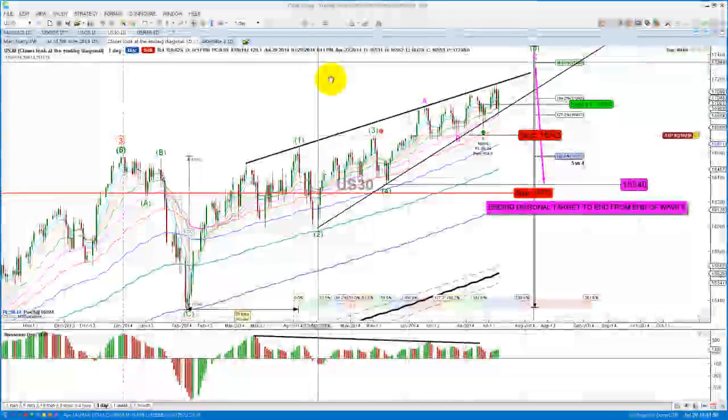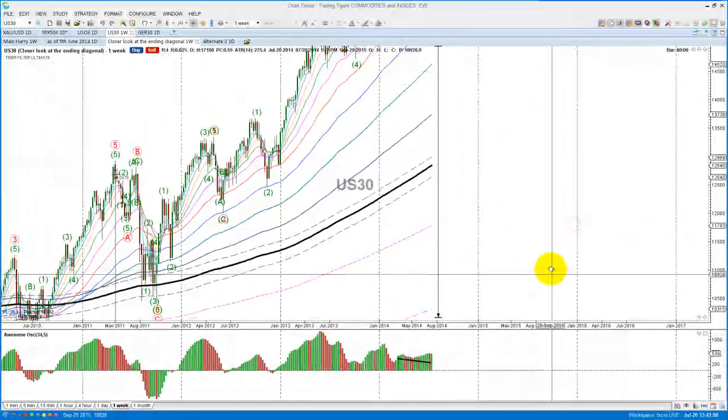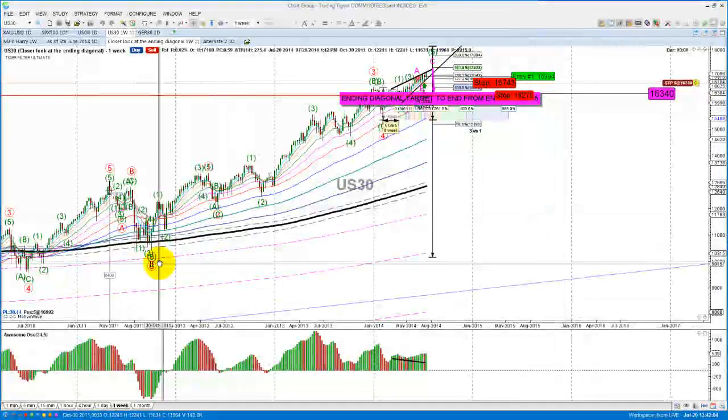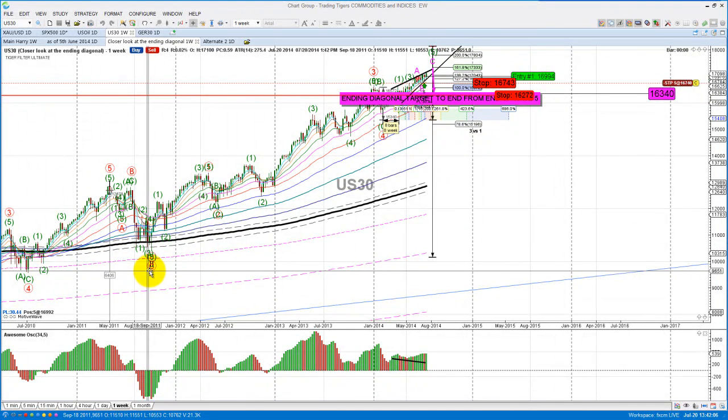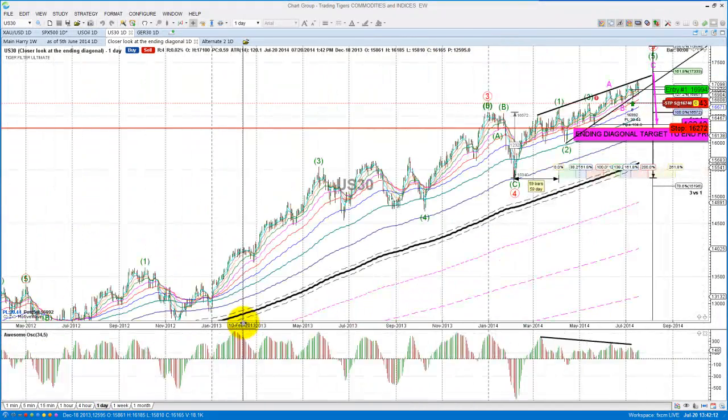Okay, so where do we stand in terms of this wave, this instrument? I'll take it to the higher dimension. You can actually see, there we go, there's the wave 2 of the cycle degree. In fact, I'll put it back onto the daily chart.